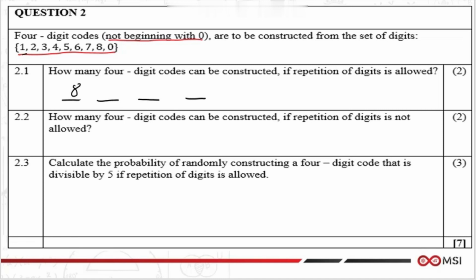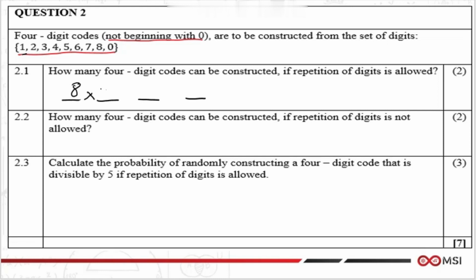And also it says the repetition of digit is allowed, meaning that now the 0, the condition was saying not beginning with 0, so that when we look for this position we just put 0 aside. Then now how many digits are left now in our sample space? Is that 8 digits plus 0. Now we are considering 0 for other positions.